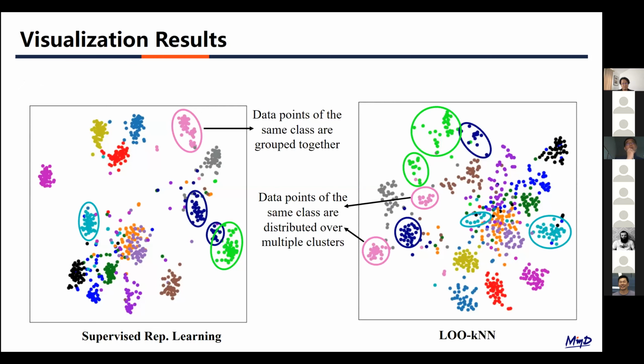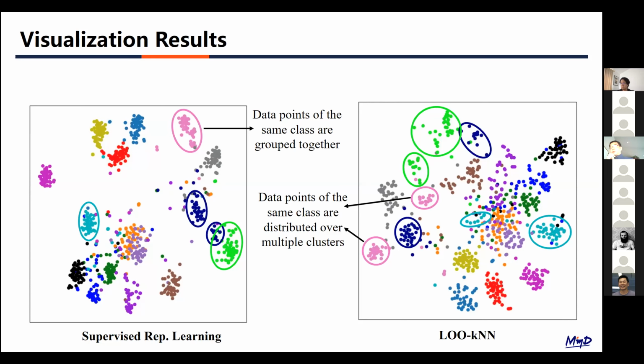So this is the visualization that I would like to use to confirm our earlier hypothesis. On the left plot, you see the distribution of data points coming from the supervised representation learning. You see that all the data points from the same class seem to form tight clusters in most of the cases.